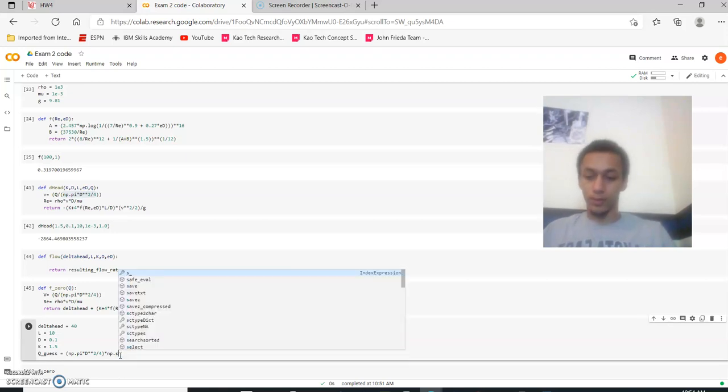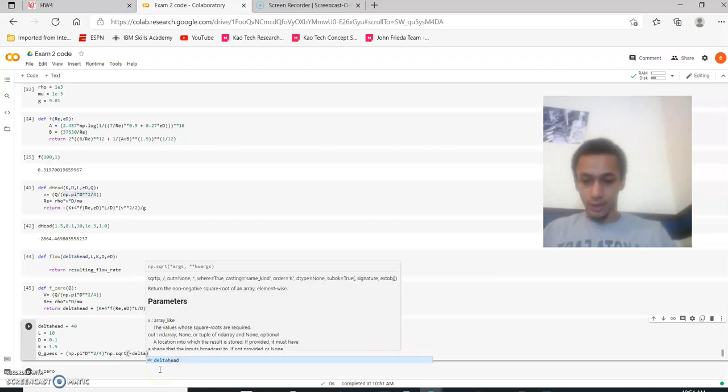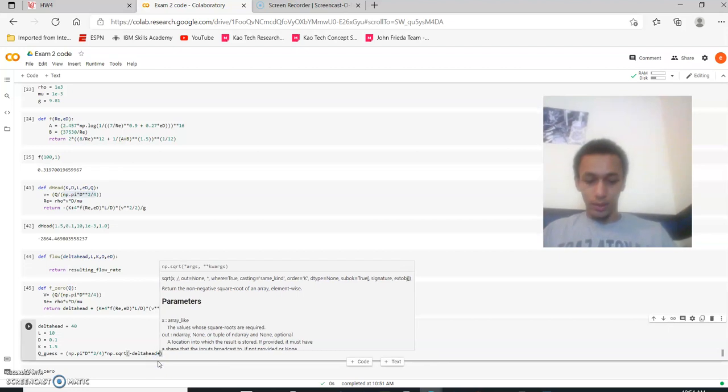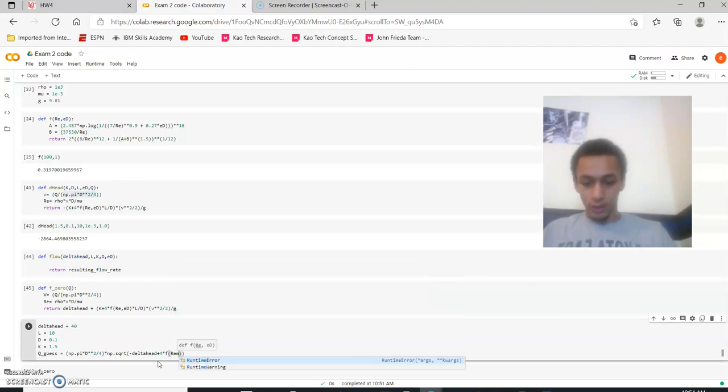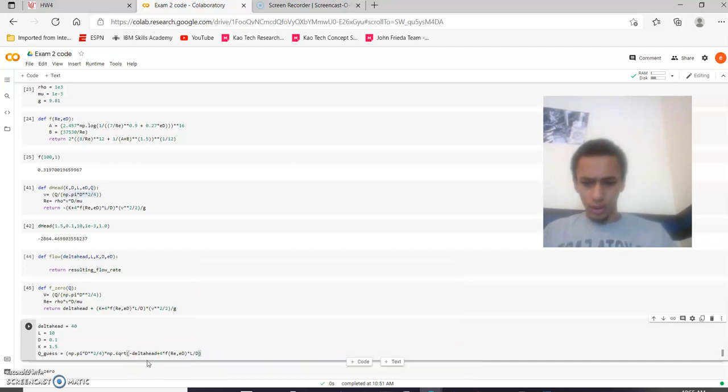We're going to take the square root, so sqrt of our negative delta head, plus 4 times f r e d times L divided by D, and I might have to add parentheses there, so times 2 times G. And actually I forgot the K. I should get rid of this first.